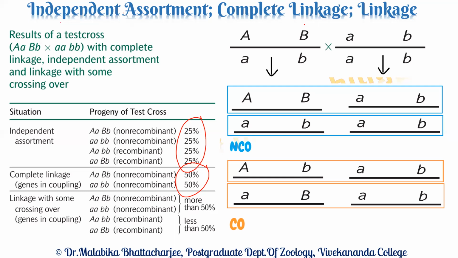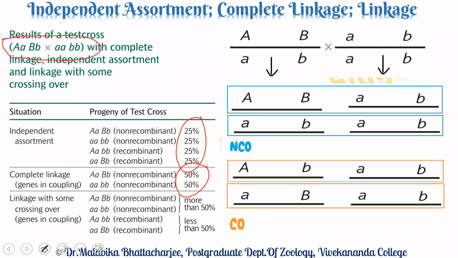If we get a test cross ratio where we are getting only the expression of the parental phenotype, then we have to assume that the two genes present on the chromosome are completely linked.